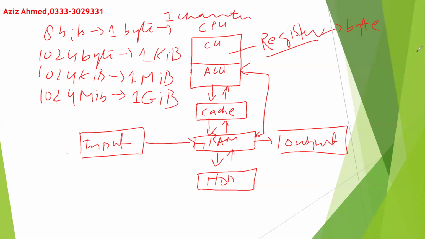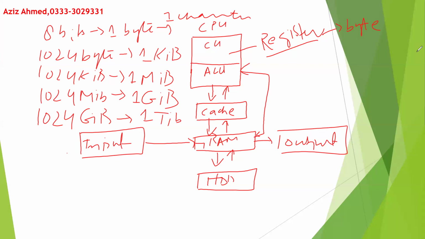Gigabyte means 100 crore characters are stored in the computer. Do you have an idea of gigabyte? No. So 1024 gigabytes means 1 terabyte. Terabyte means 1000 crore characters can be stored in 1 terabyte.